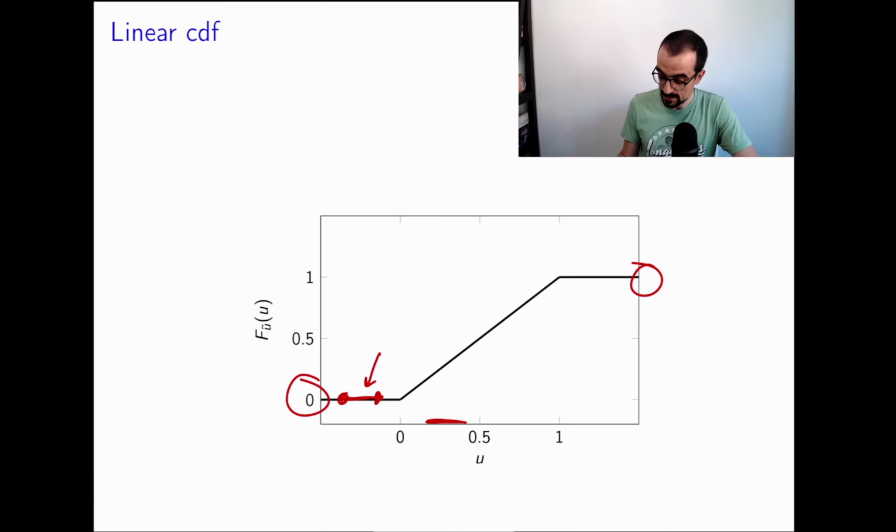So anywhere the CDF is flat, any of those intervals are going to have probability 0, essentially because the probability that the random variable is here and here is the same. So that means the probability that it's in this interval is 0. In this case, we very quickly see that the random variable can only be between 0 and 1, because that's where the CDF is not flat.